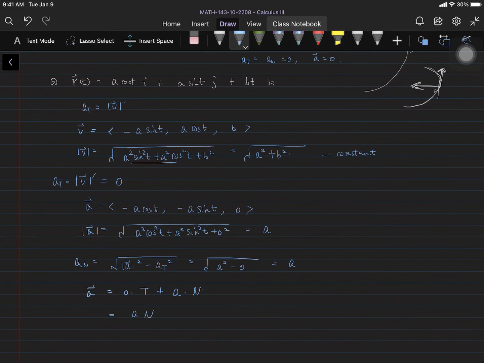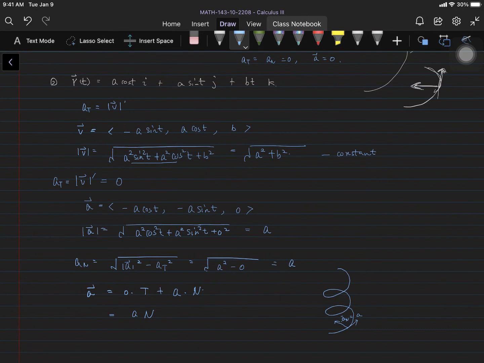That means what? If you think about a helix, what does the helix look like? It looks like this, right? And here is a circle. It only has inside acceleration. So AN equals a, and there's no side acceleration, no tangential acceleration.